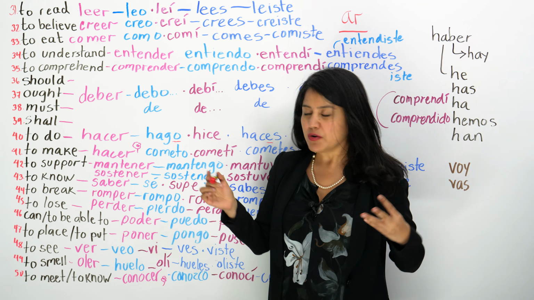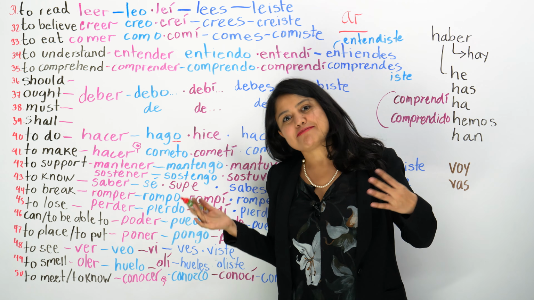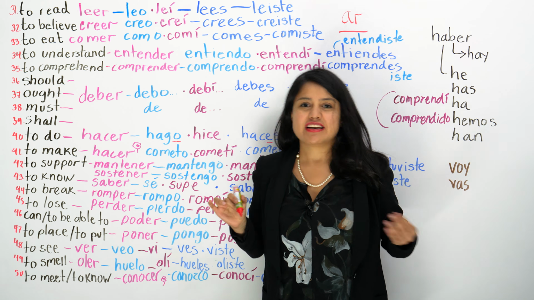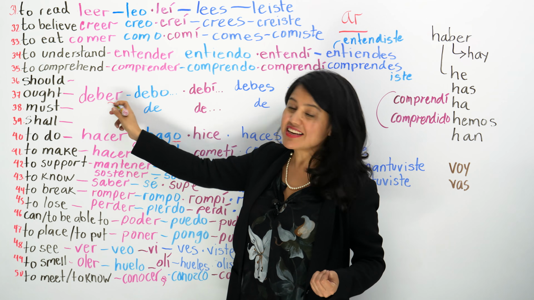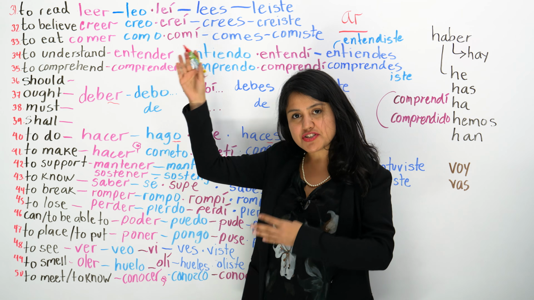Muy bien. As you know, we're going to talk about the most common verbs in Spanish. And in the second part, we will cover the verbs that end with ER. So we're going to start.